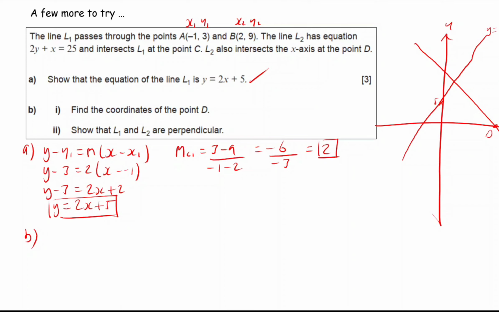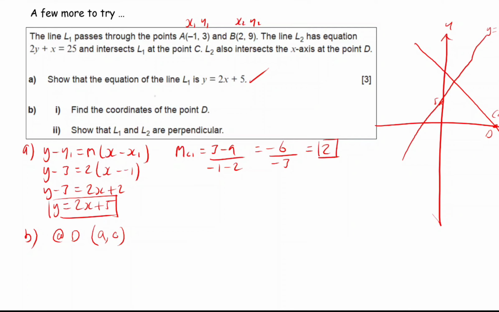Now, the important thing to understand is that at point D, the x-coordinate will be a positive number, but the y-coordinate will be 0. Let's call the x-coordinate a, that's not a 9, that's an a. And our y-coordinate will be 0, so a, 0.